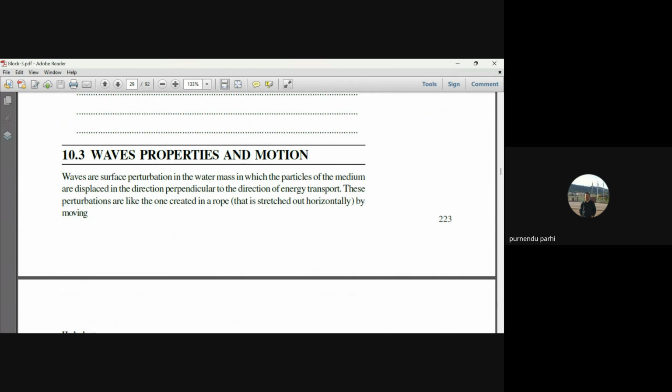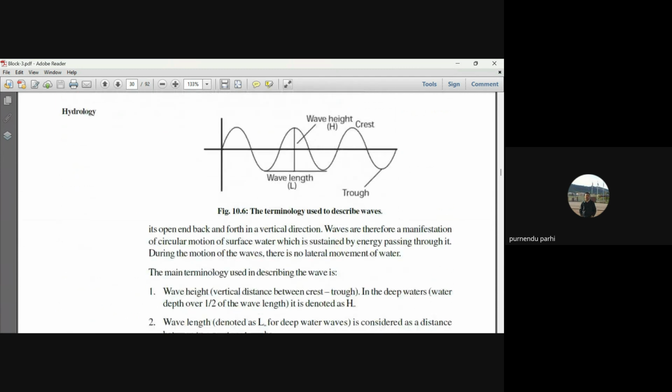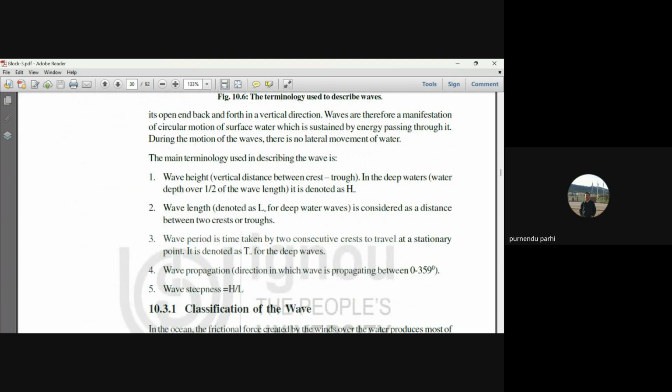Wave property and motion. Waves are surface perturbations in the water mass in which the particles of the medium are displaced in the direction perpendicular to the direction of the energy transport. These perturbations are like the one created in a rope by moving it back and forth in the vertical direction.